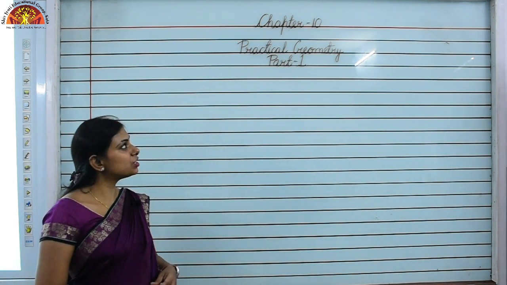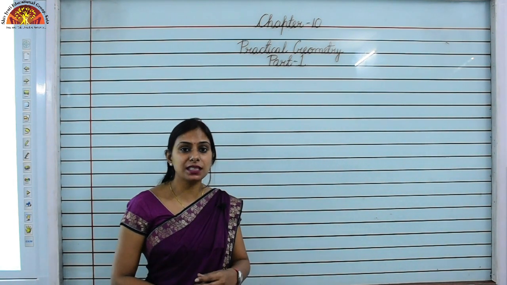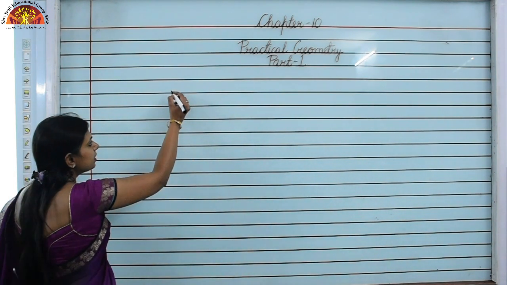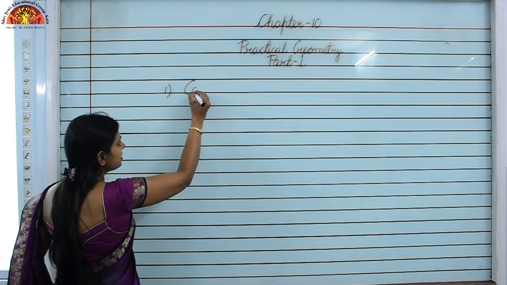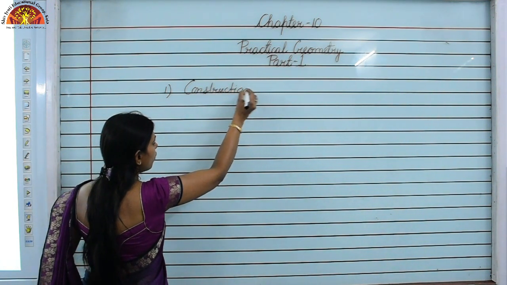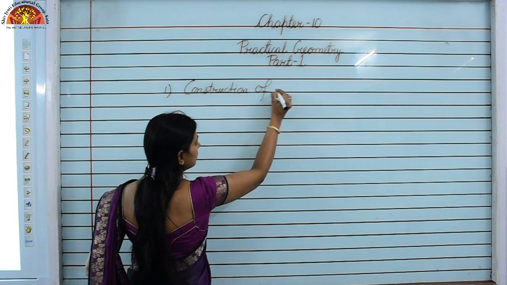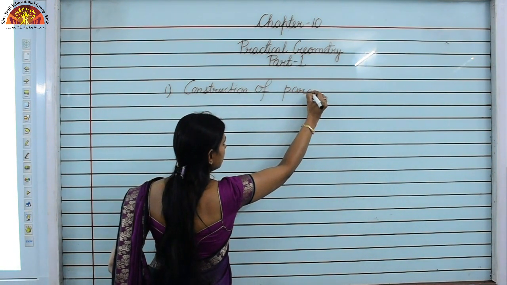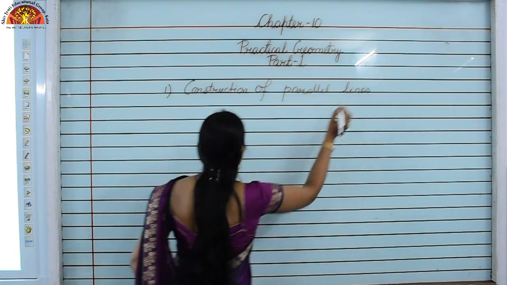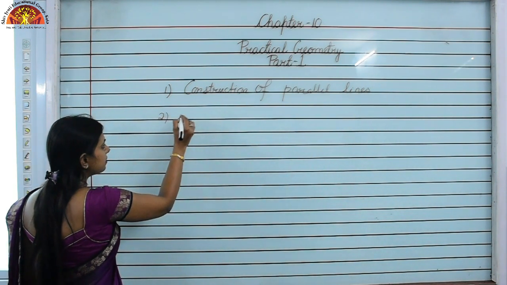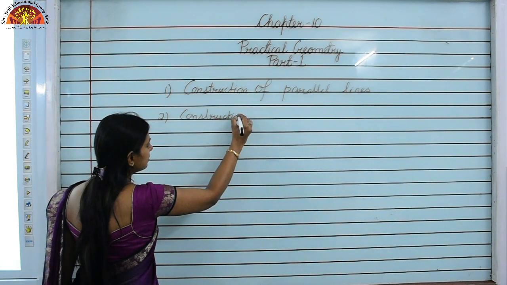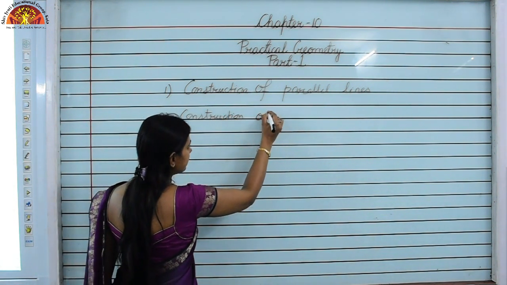Today we'll start with the chapter 10 Practical Geometry part 1. In this part 1 of the video, we'll discuss construction of parallel lines and the construction of triangles using different criterions.